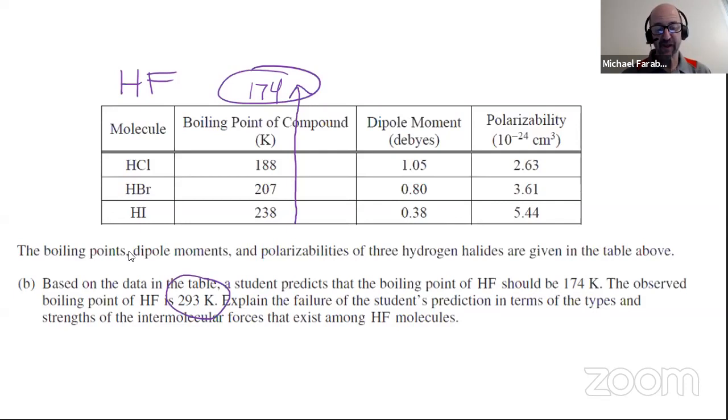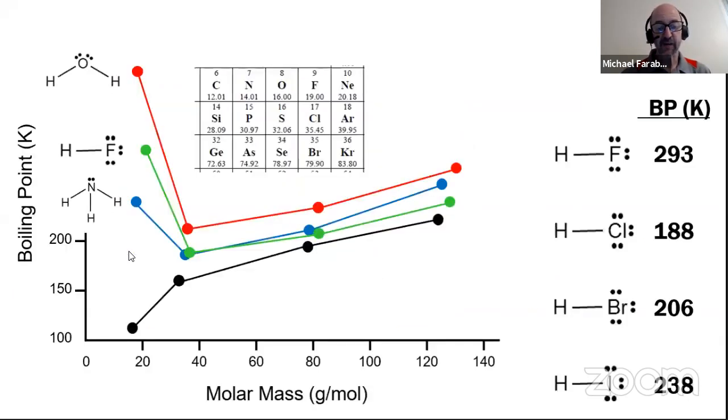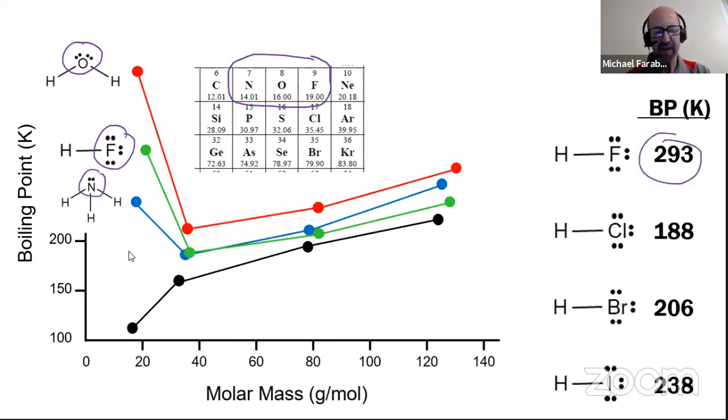If you watched that video talking about intermolecular forces, this is a very common graph you see when discussing hydrogen bonding. The fact that oxygen, fluorine, and nitrogen form these hydride compounds that have unusually high boiling points, based on the trend of the other hydrogen compounds in the group, means there must be some reason for that.